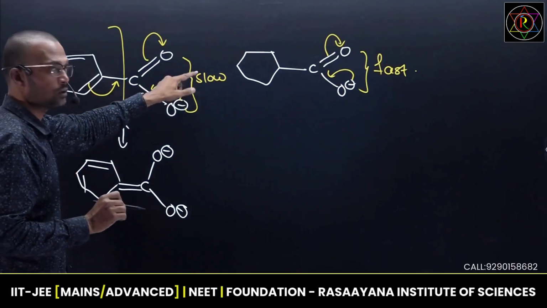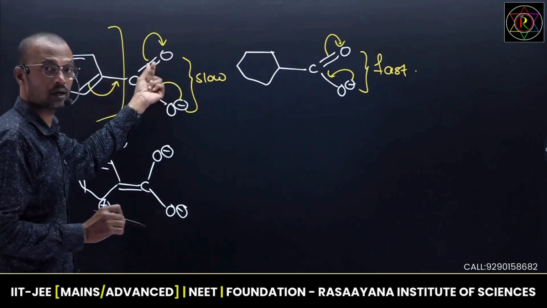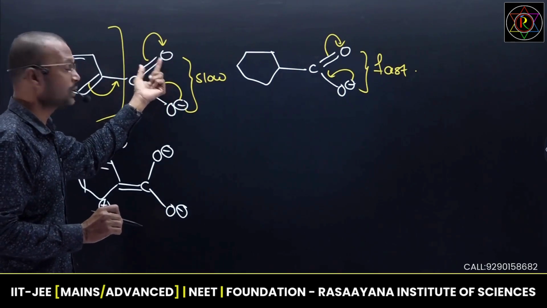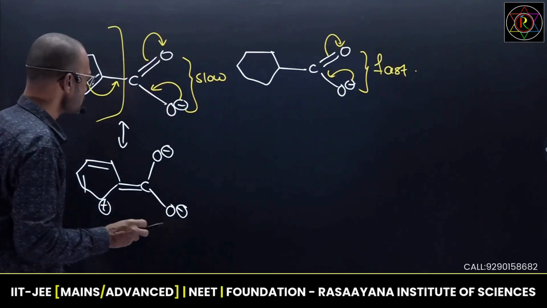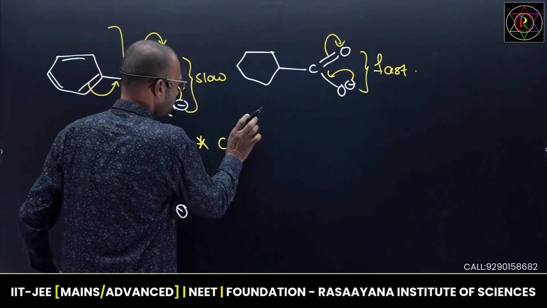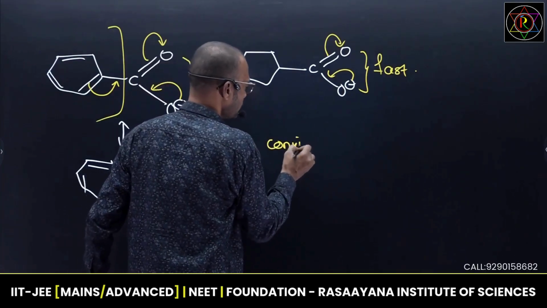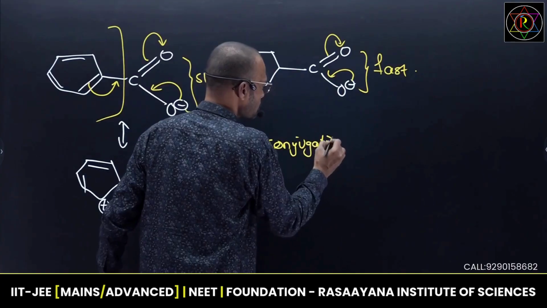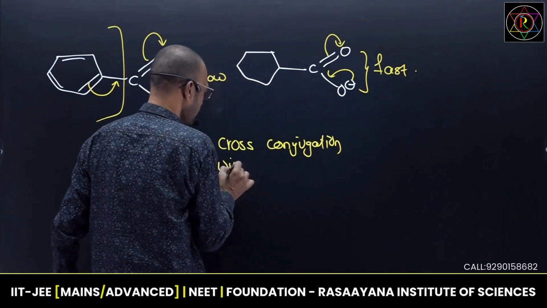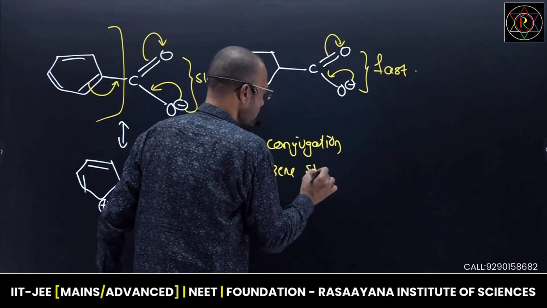Whenever it is slow, some amount of energy is present within the molecule, it becomes energetic, unstable, and this becomes less acidic. So now I can say that due to cross conjugation with benzene, stability decreases.